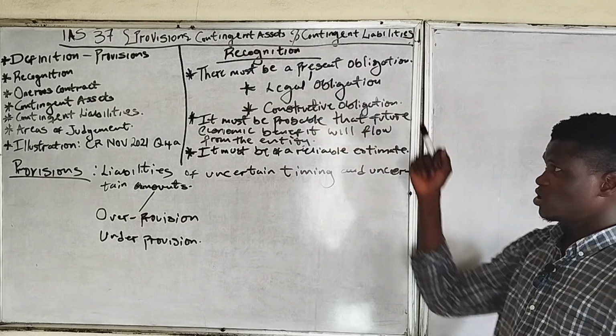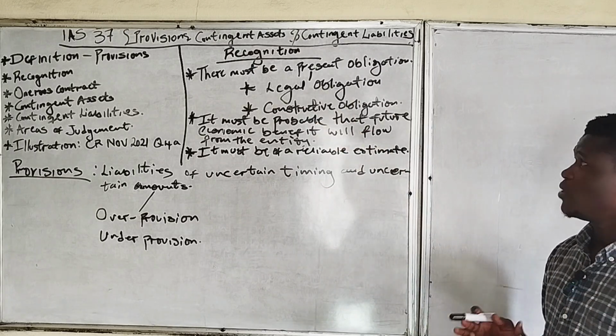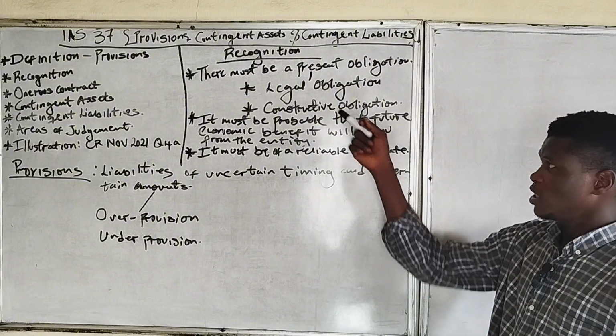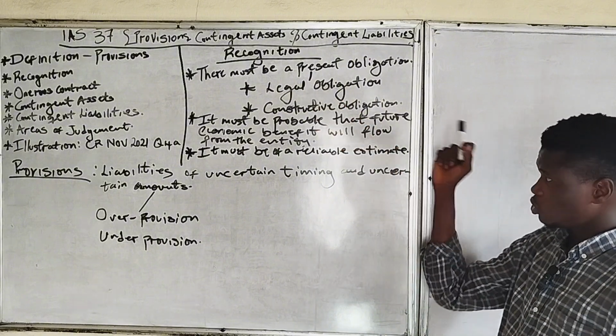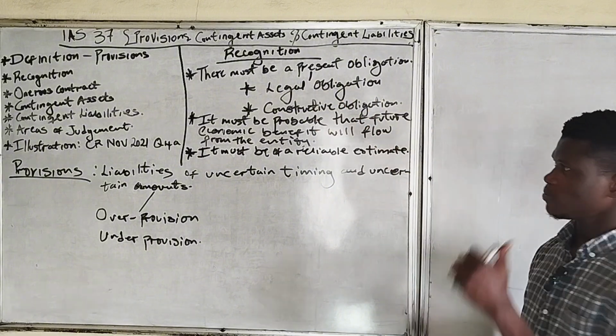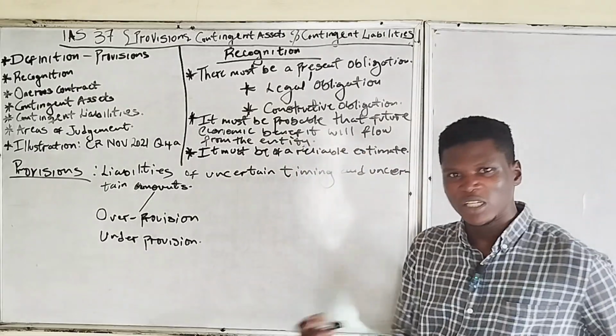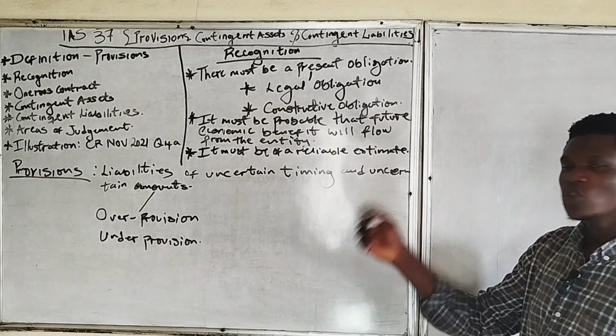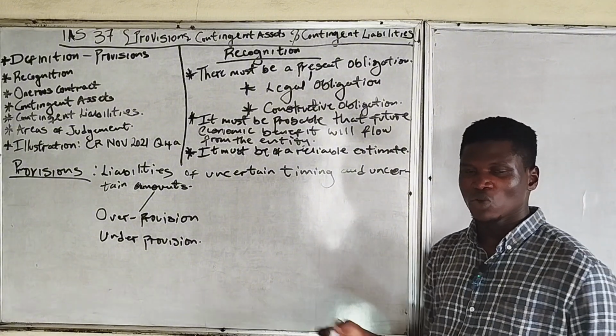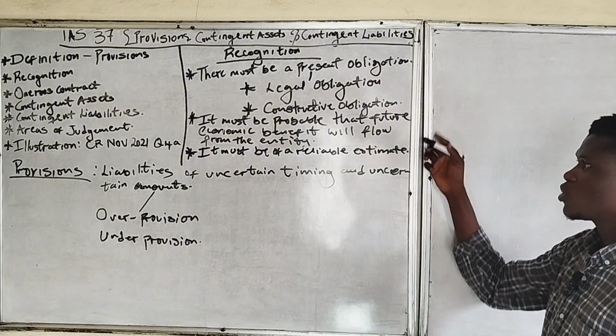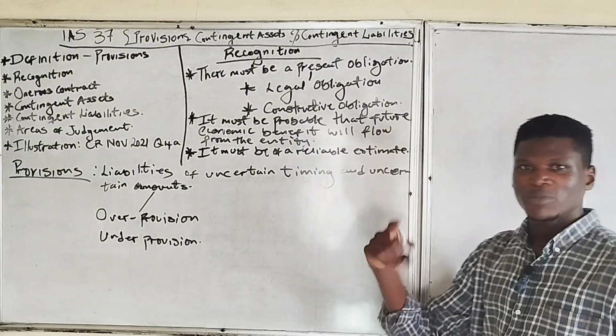So one is that there must be a present obligation, which can be in the form of legal obligation or constructive obligation. Secondly, it must be probable that future economic benefits will flow from the entity. Before you can make a provision for a certain occurrence or an event, it must be probable that future economic benefits will flow from the entity.